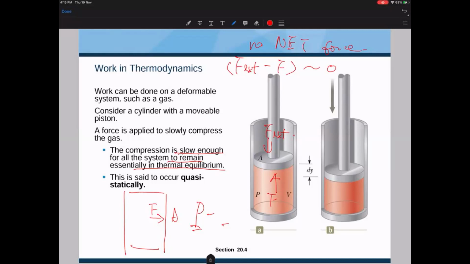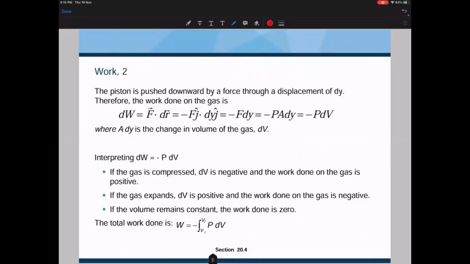So the net force must be quite negligible. So that would be the physical argument for the thermal equilibrium situation. But in any case, the external force would be close to that provided by the pressure force.